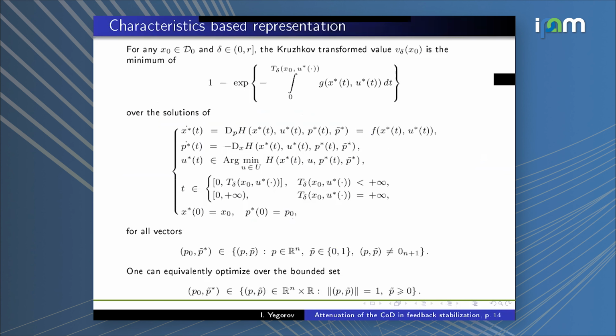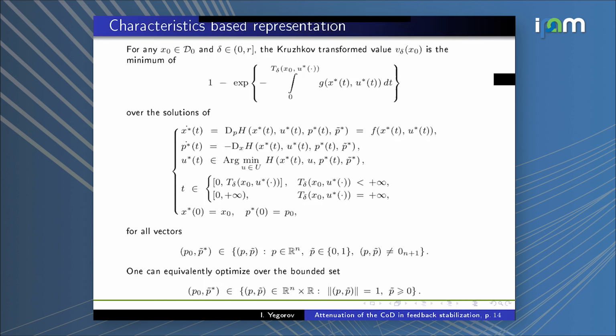And also, if we use Pontryagin's principle, which gives us necessary optimality conditions for open loop controls, we can characterize those approximations v delta via the characteristics, states and co-states governed by the system of Pontryagin's principle.